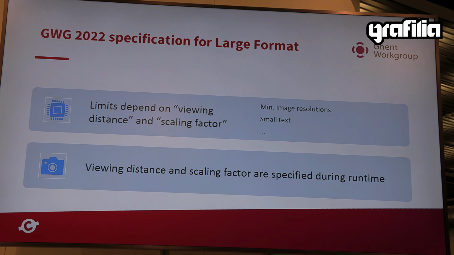So in large format, you would specify what is the typical viewing distance. Is this 1 meter or is it 20 meters? And then the minimum image resolution depends. The smaller the viewing distance, the higher the minimum image resolution. And then there's a scaling factor because the original page is typically being scaled.